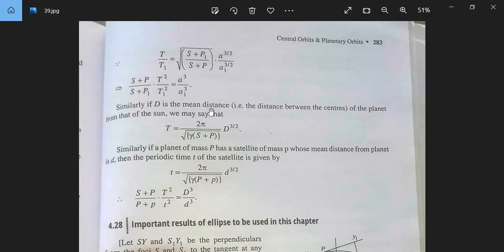Similarly, if capital D is the mean distance, means distance between the centers of the planet from that of the sun, then capital T will be 2 pi under root gamma (S plus P) D to the power 3 by 2.